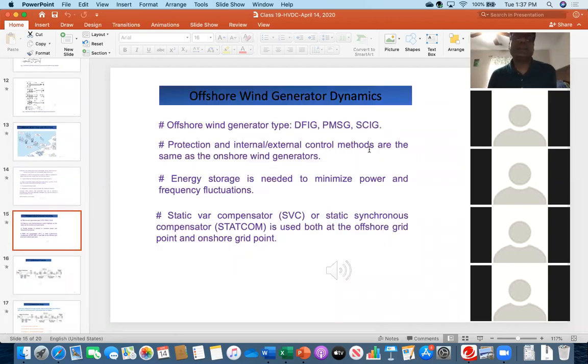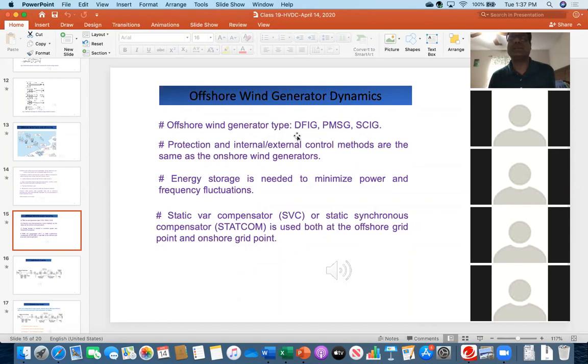Now we will go to the electrical side of the offshore wind generator system. We'll be looking more at the dynamics and functionality of the system. Here I have mentioned offshore wind generator types, which we already discussed.